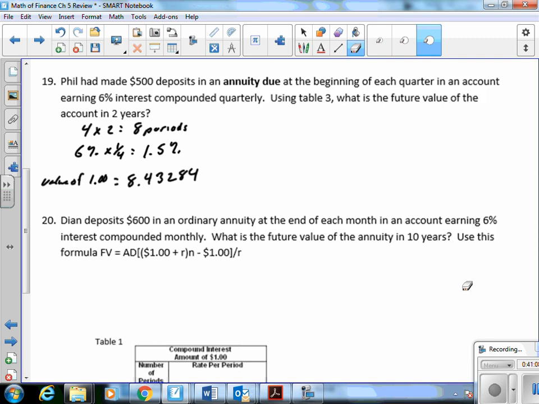The value of $1 is 8.43284. So we find the value as if it was just an ordinary annuity: putting in $500 times 8.43284, and we multiply that out to get $4,216.42.